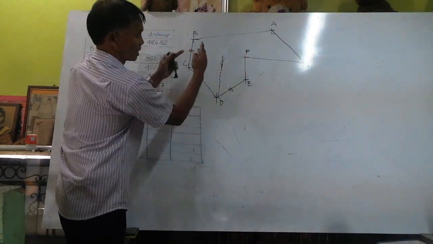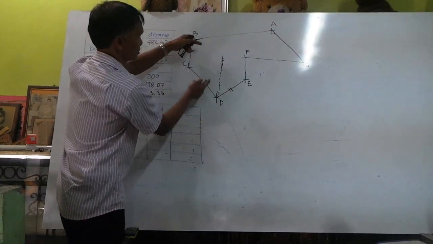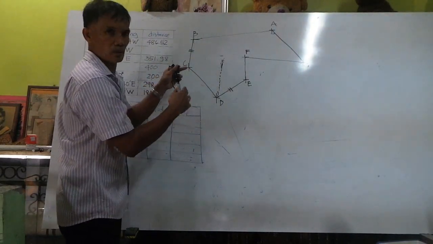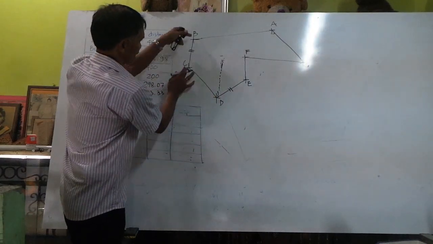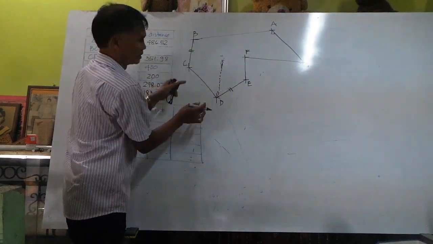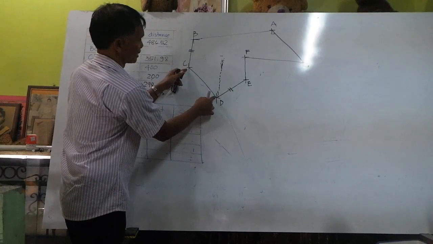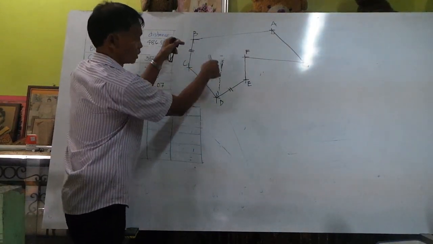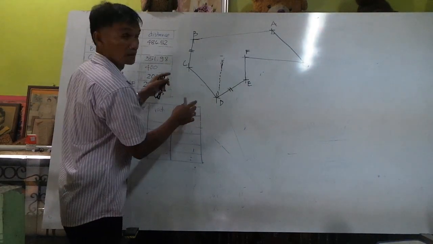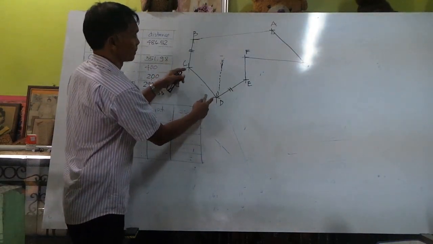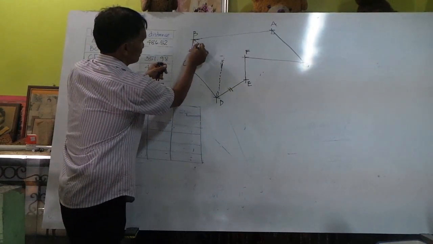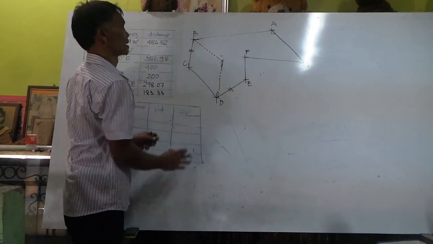Parallel with this, the same direction, the same length. Then you move the other line also so that they will be forming parallel lines, a parallelogram. So, move this one here so that you will be forming a parallelogram.